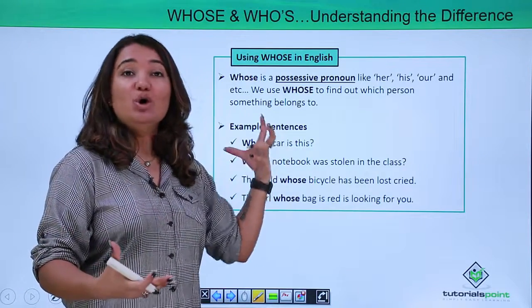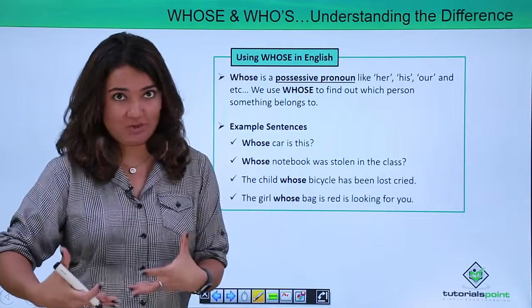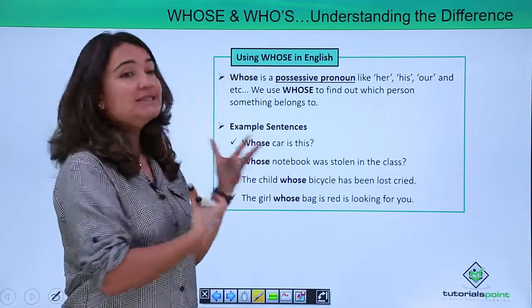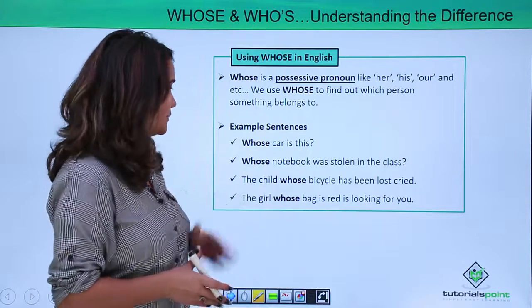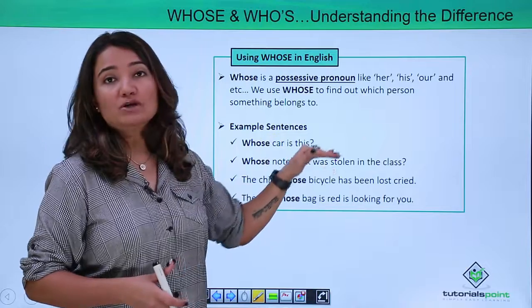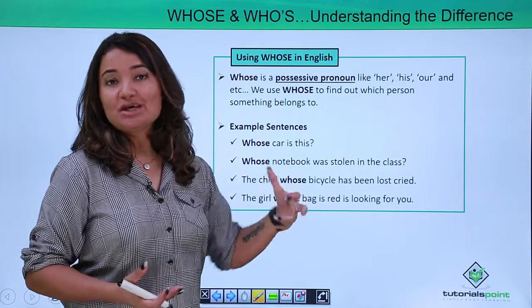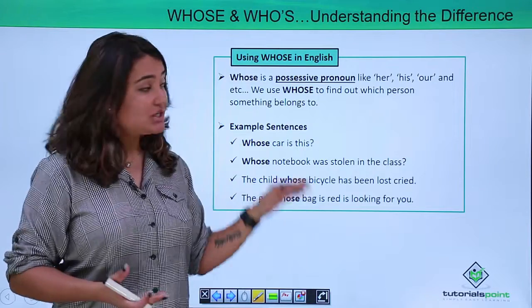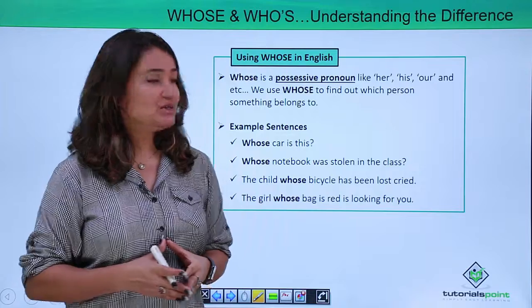Here, whose is telling you about possession, so its usage is correct. Whose notebook was stolen in the car? Again, it is telling you about possession, hence W-H-O-S-E is the right word to be used.